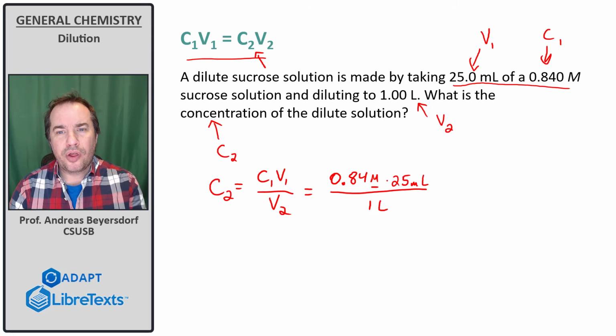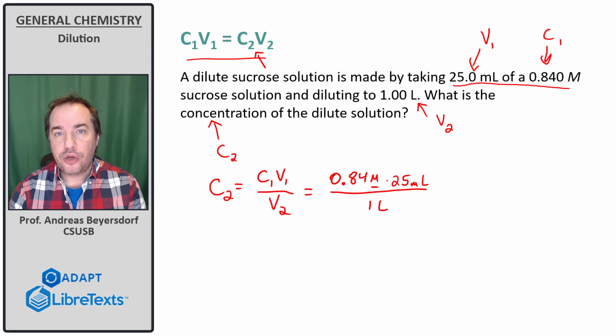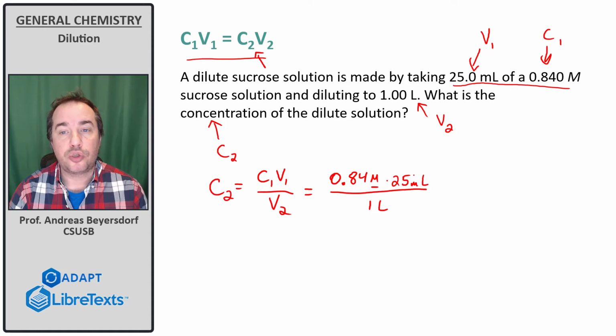Well, notice, though, that if I have molar, I'm going to get molarity, which is good, but I have mLs and liters, but those aren't going to cancel out. So I need to change one of these so that the units are the same. Now, we can either change the 25 mL to liters or the 1 liter to mL. Either one works. So let's just change the 1 liter to milliliters.